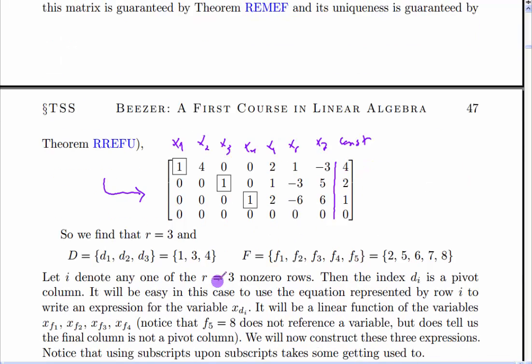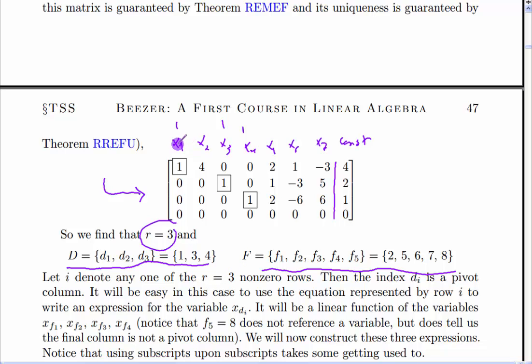Now, what are our sets? D is the pivot columns, and we see we have a pivot column at 1, 3, and 4. And all the other columns are non-pivot columns in the set F. So naturally, R is equal to 3. Here's some notation that's useful in the proofs.